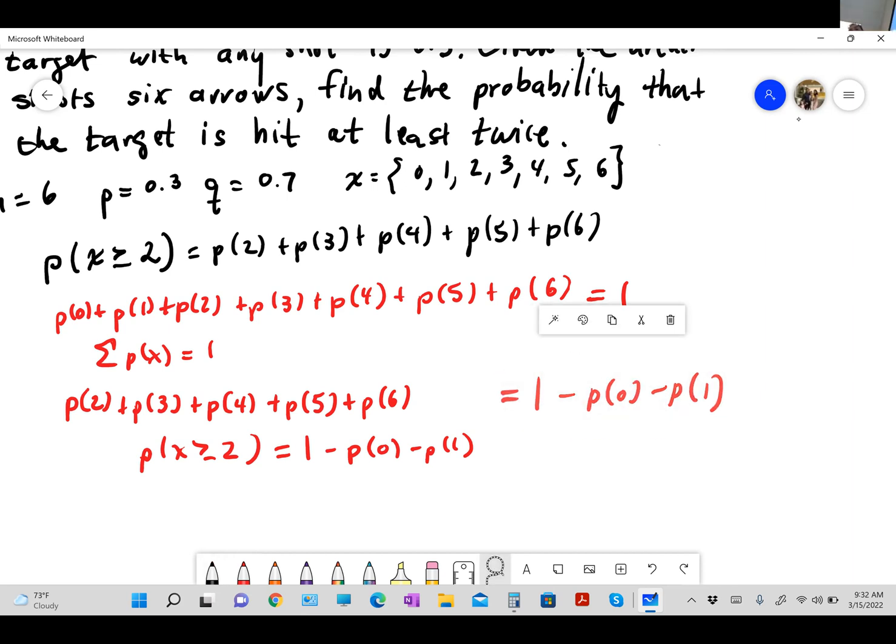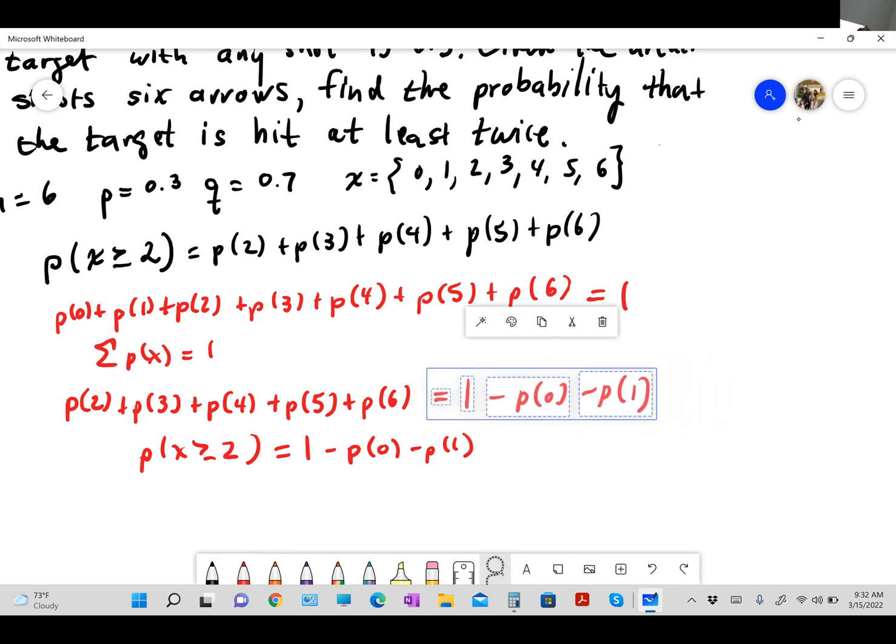Now they asked us to find the probability of at least twice. Meaning that you hit it 2 or 3 or 4 or 5 or 6 times. And so now you have to see that I can go ahead and compute 2, 3, 4, 5, and 6.